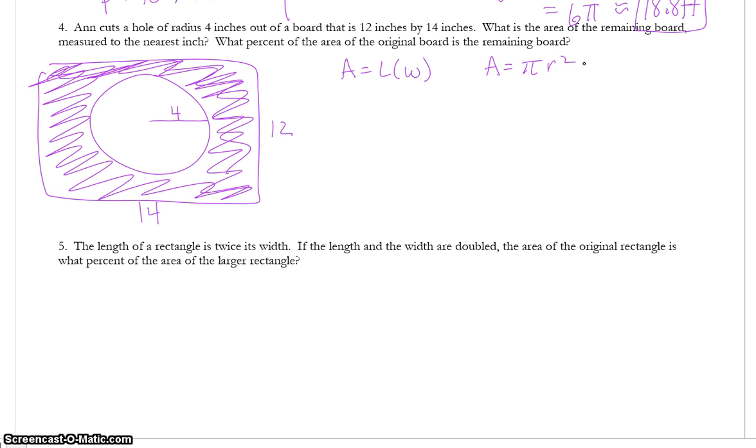Once you know those two areas, you can subtract them to find the area of the hole. Okay. So for tomorrow, I would like you to have this answer for me. So find the area of the rectangle, find the area of the circle. If you subtract those, then you get the area of the remaining board. We will talk about the percent of the area that's remaining in class tomorrow.